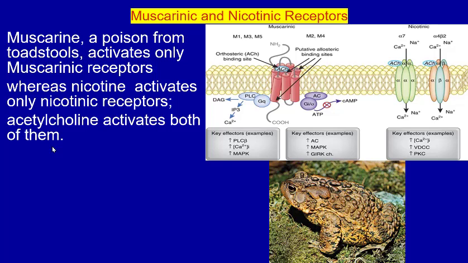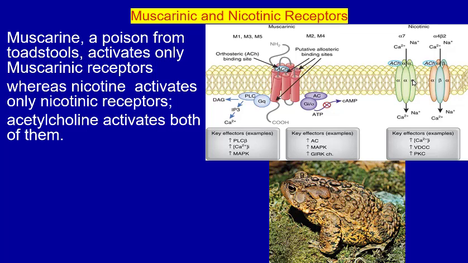But how can we differentiate between the muscarinic and nicotinic receptor? This is the nicotinic receptor and this is the muscarinic receptor. When muscarine is present, only the muscarinic receptor is activated and the nicotinic receptor doesn't show any activity.